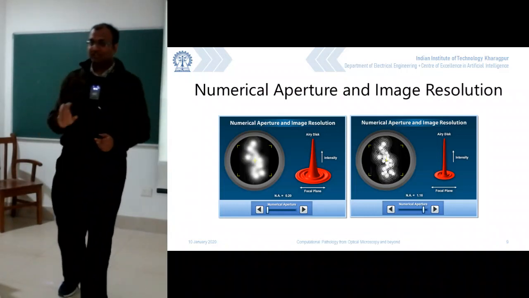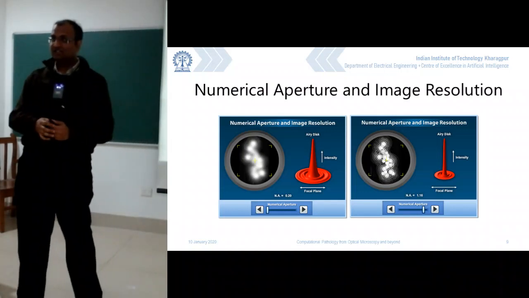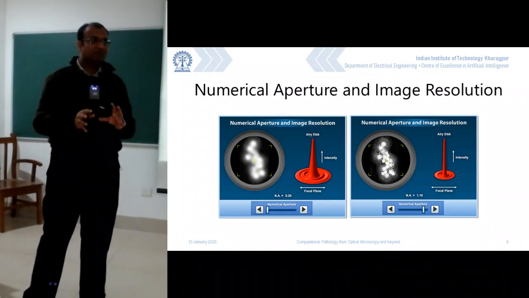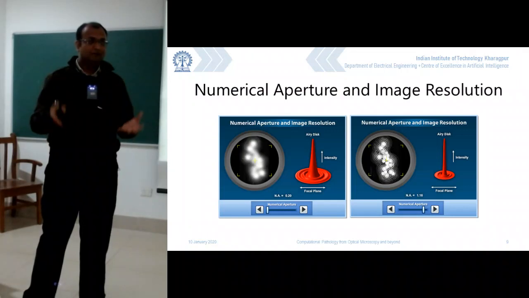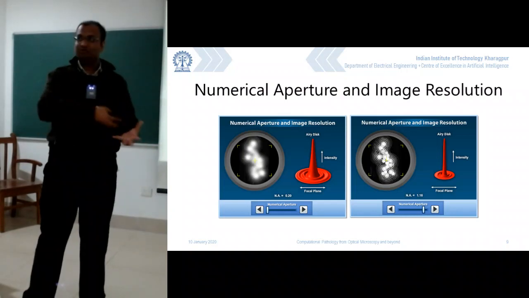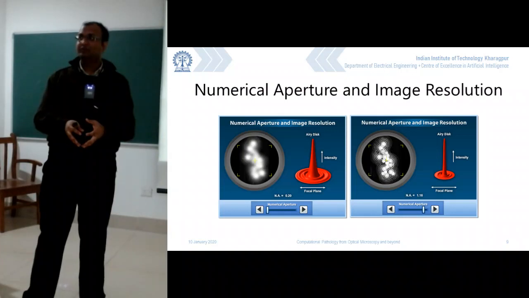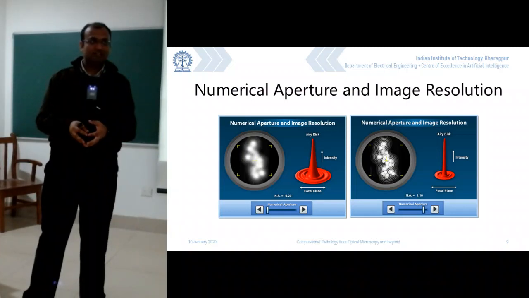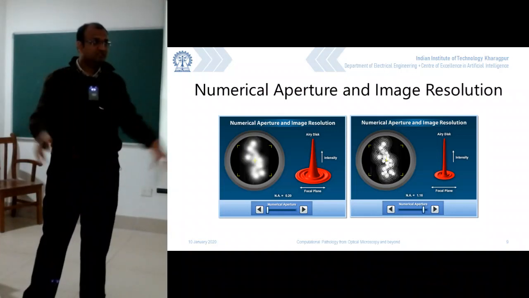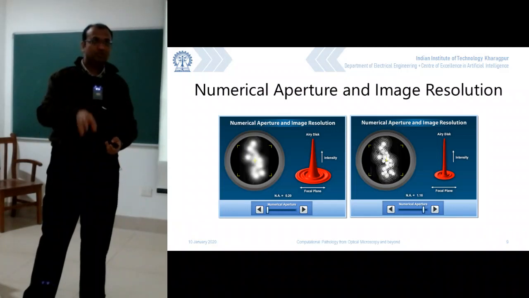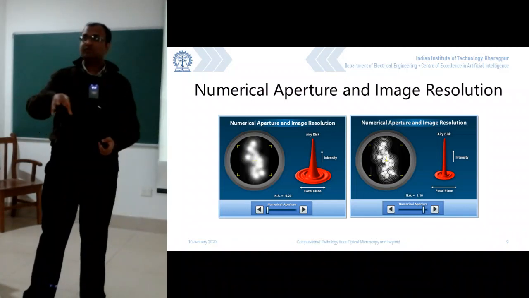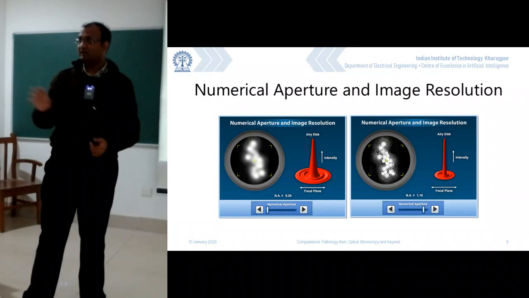So that's a manual way of changing it, but nonetheless this problem is still there, because it's a counterbalancing problem in itself. You can resolve higher, but then you will have to scan more. You can scan less, but then you will be resolving lower. So whether I am interested in looking into the whole tissue structure or only the nucleus is where I will have to trade off between my numerical apertures appropriately.